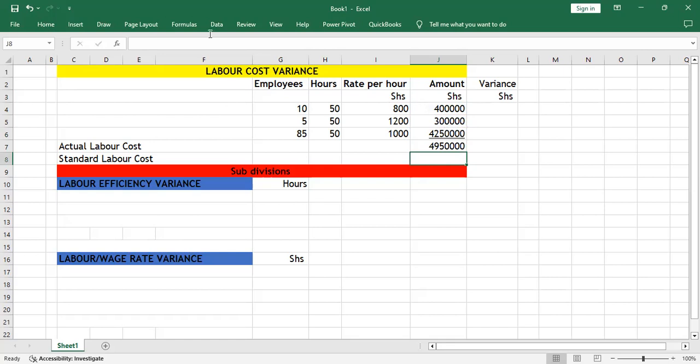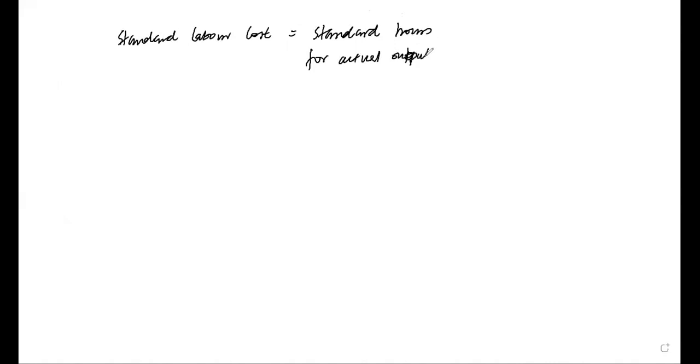Now, to come up with the standard labor cost, the standard labor cost will equal the standard hours for the actual output times our standard rate per hour.